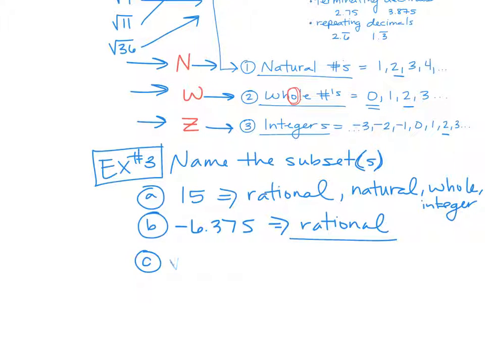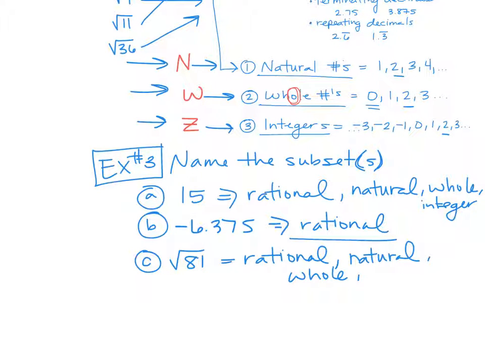All right, how about this one? The square root of 81. Rational or irrational? Rational. It is rational because it's a perfect square, right? So it's rational. Okay. Is it a natural number? Yeah, it's 9, right? So that's natural. Is it a whole number? Yes.